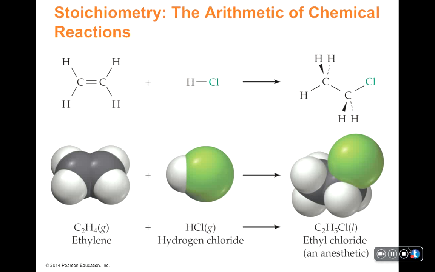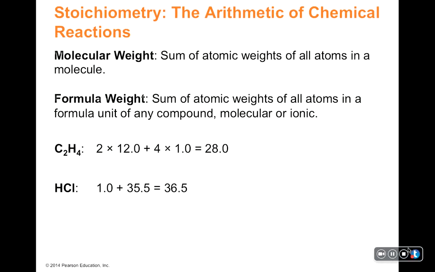Stoichiometry, the word, just means keeping track of the math of chemical reactions. And so we'll talk about some different types of calculations that we can do. A couple of these you've done already. When we started talking about the periodic table, we did molecular weight and formula weight, so this should look familiar. The molecular weight is just the sum of all the atomic weights of all the atoms in a molecule.